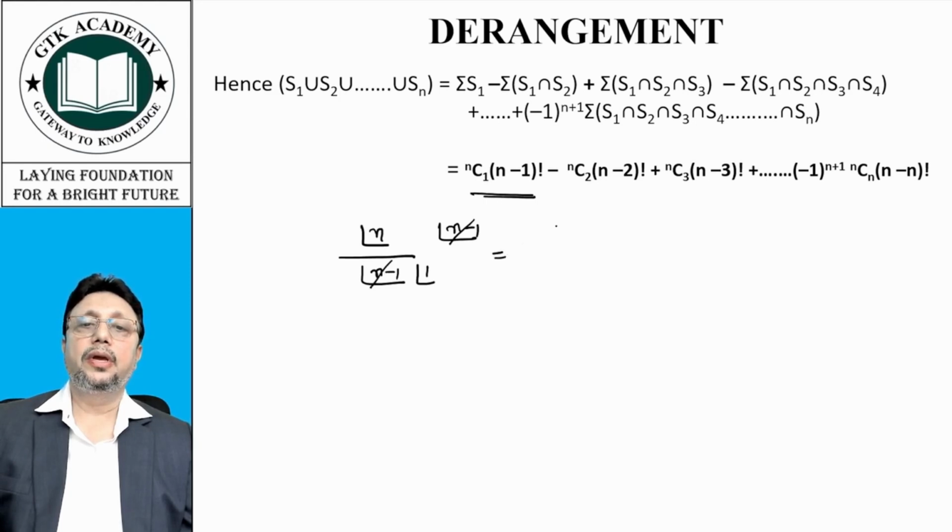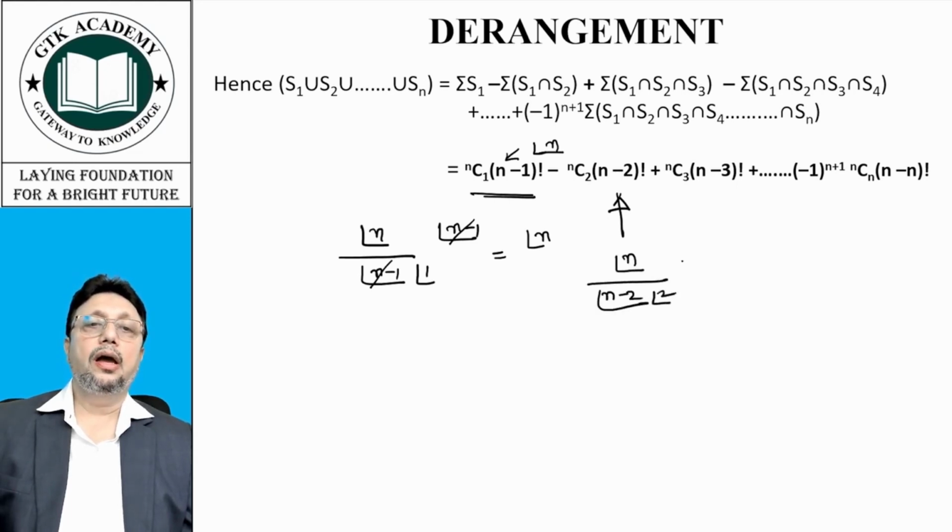So this will be factorial n. What is this term? nC2 is factorial n upon factorial n minus 2 factorial 2, and then you have factorial n minus 2 like this. So this will get cancelled. Factorial n upon factorial 2. Similarly, this is factorial n upon factorial 3.